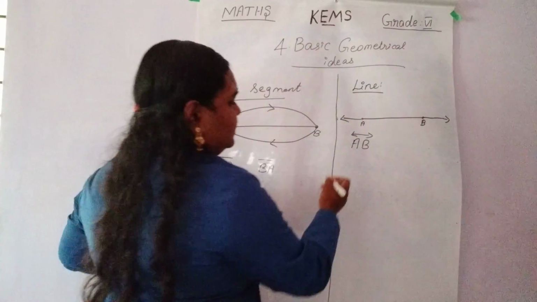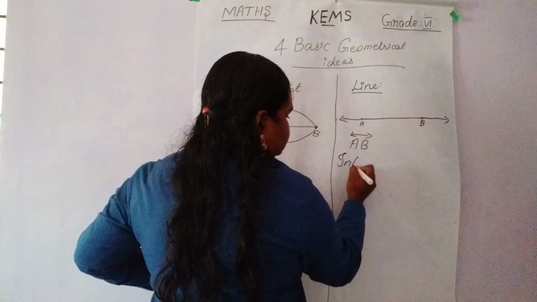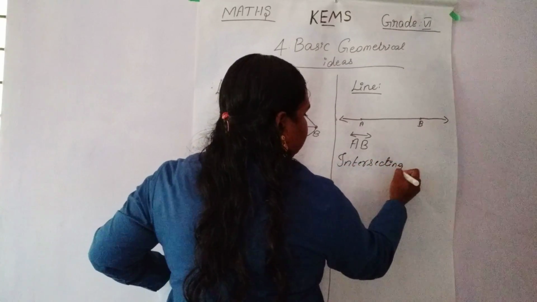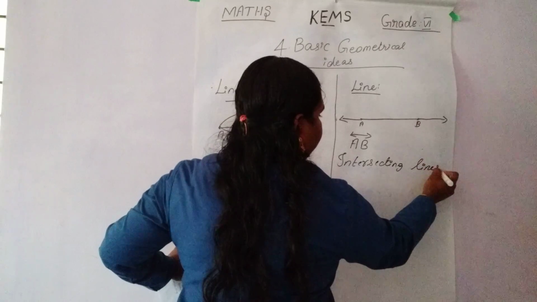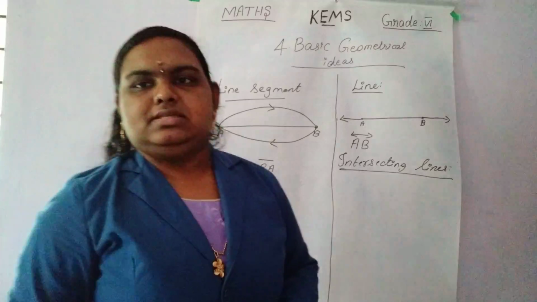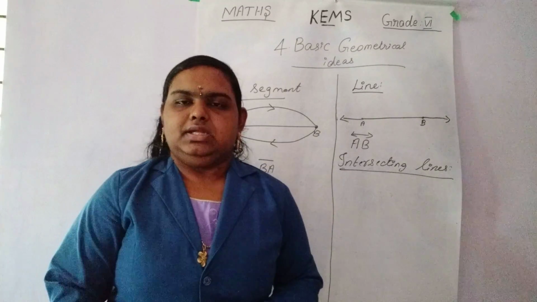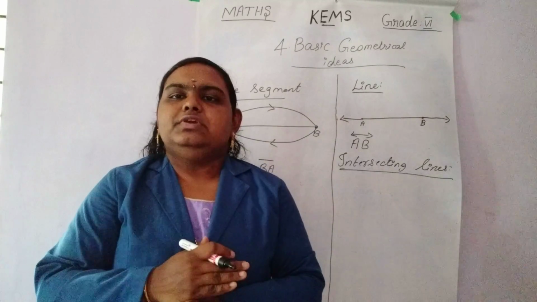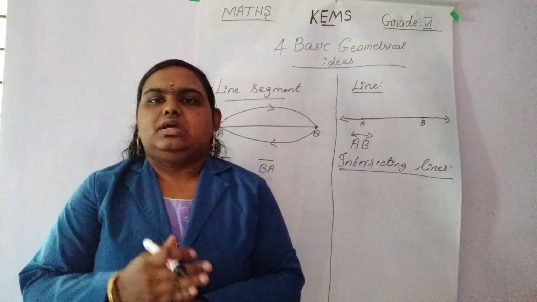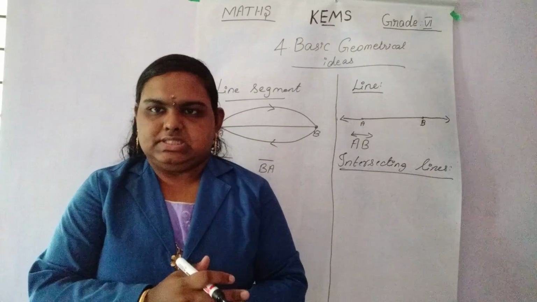The next one is the intersecting lines. What are intersecting lines? Intersection is nothing but two lines that are meeting.